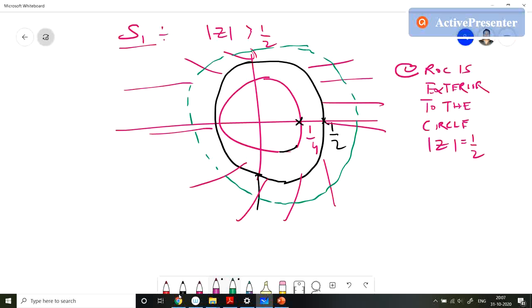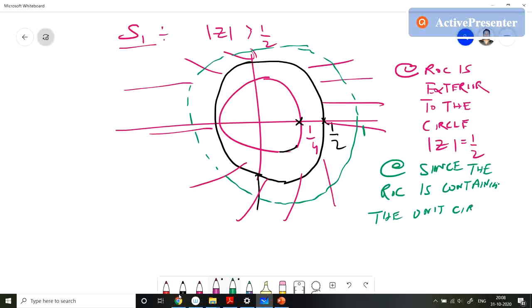Since the ROC is containing the unit circle, the system is stable.